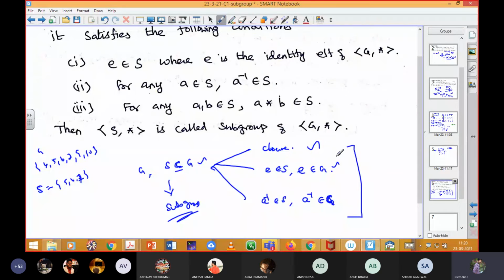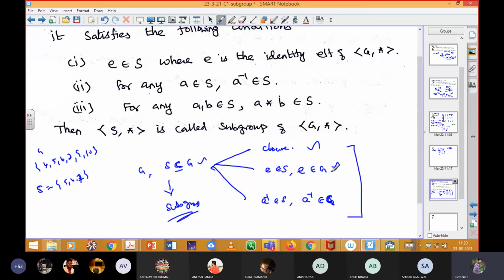I'll repeat the concept again. A non-empty subset of G can be called a subgroup when it satisfies three conditions. First condition, it has to be closed, that means it has to satisfy the closure axiom.